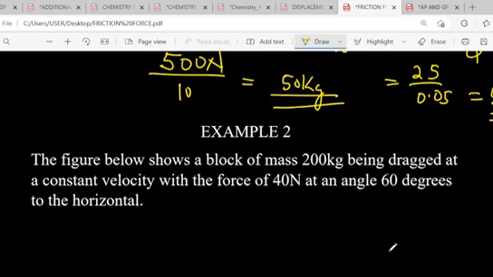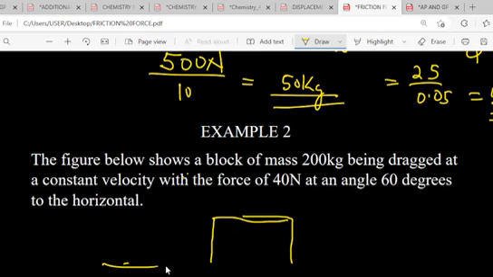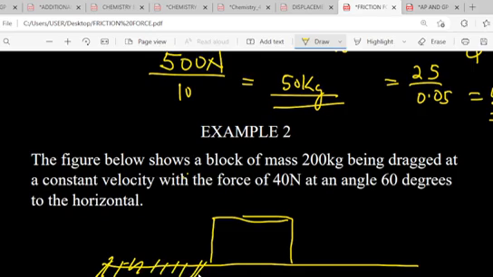The second question says: the figure below shows a block of mass 200 kg. So let's just draw the block here. We just need to draw the block, and this is the surface.